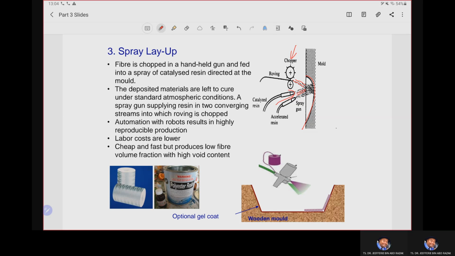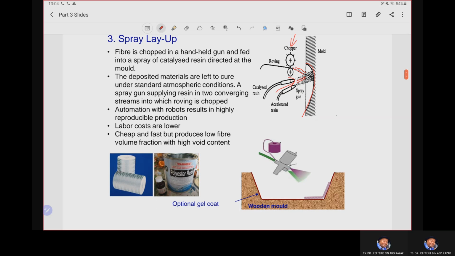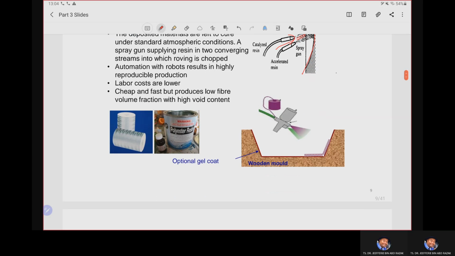This method can be robot automated for highly reproducible manufacturing. Labor cost is lower than the filament winding process, and this method is cheap and fast, but produces lower fiber volume fraction with high void content.